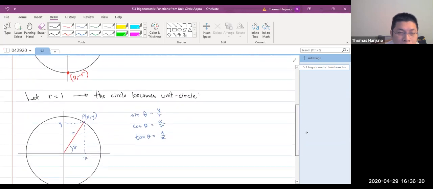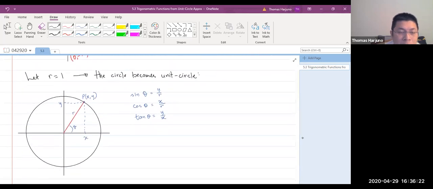Now, if we look again at that circle, because r becomes 1, this guy here now becomes 1, right? Let me change it to 1. The r there becomes 1.